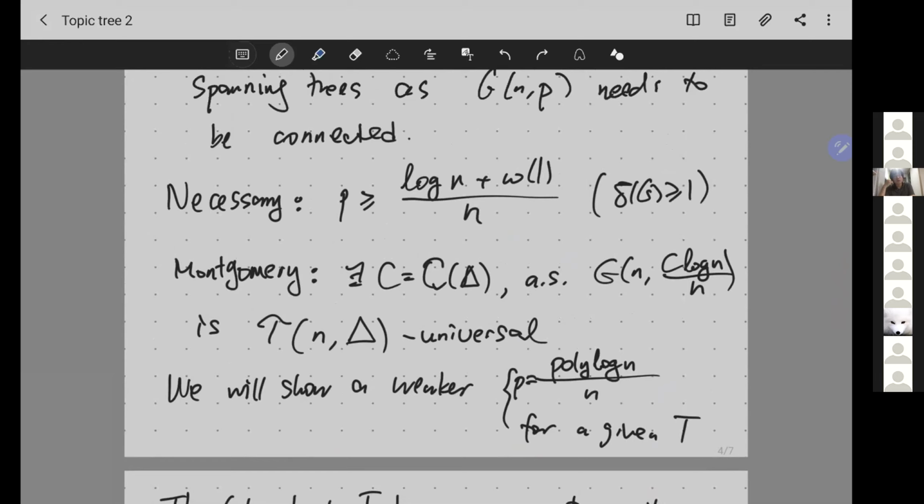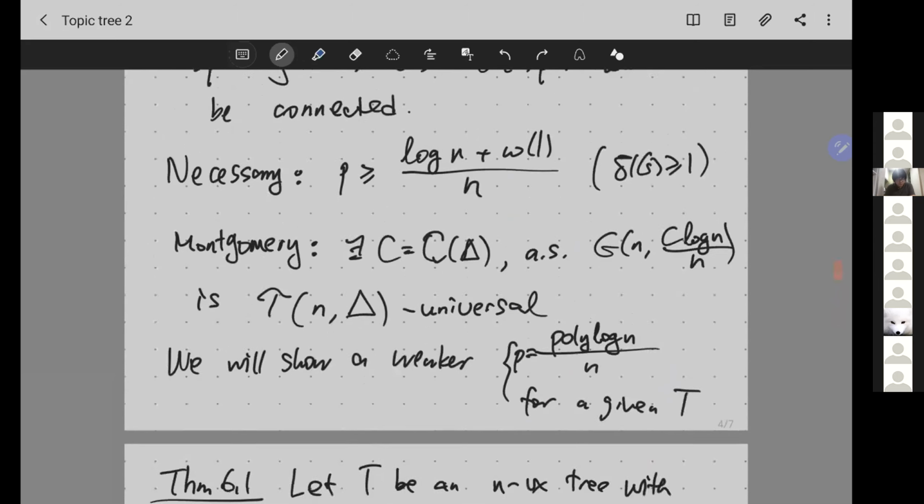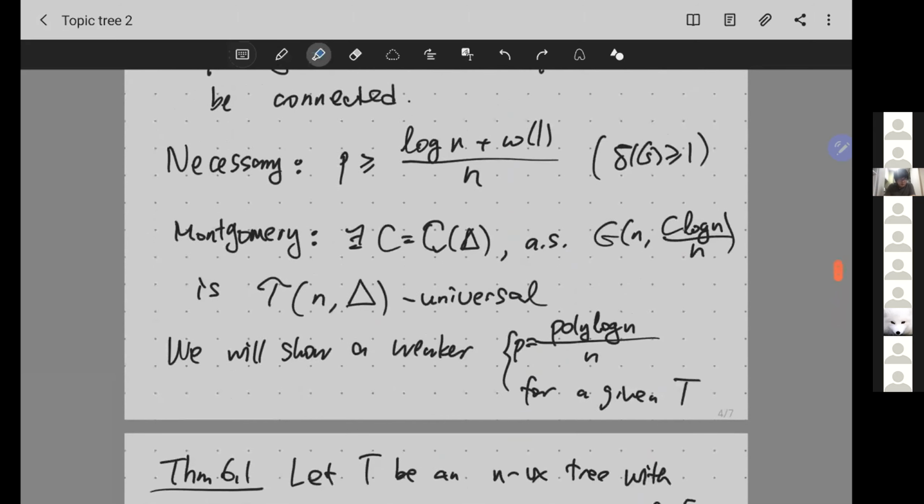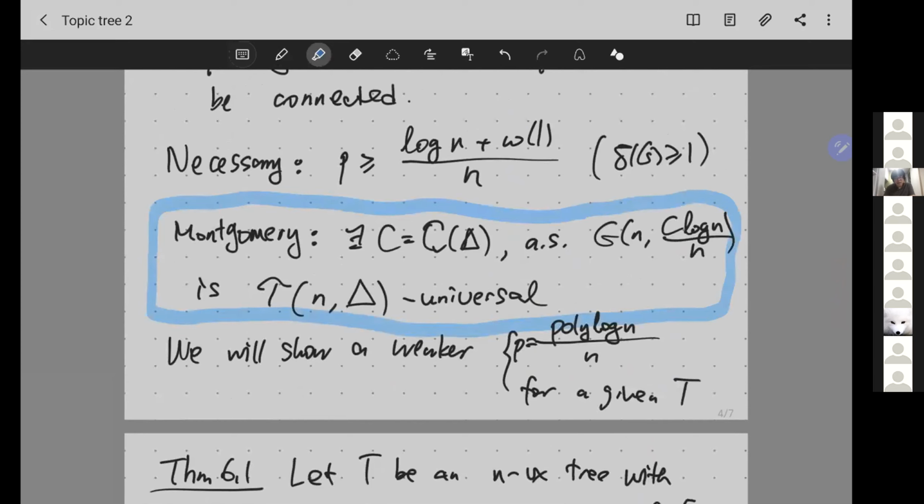I think what you want to ask is, do you mean the sharp threshold? That's open, actually. Here you see what I wrote down, that C depends on delta. It might very well be the case that there exists a universal constant, could be even 1, such that when you have p equal to (1 plus epsilon) times log n over n, you see all the bounded degree spanning trees.